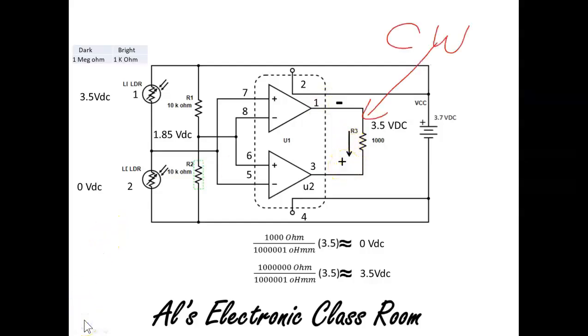The previous one, we went counterclockwise, and now we go clockwise. So you can see what happens. The current is changing direction depending upon which LDR is 0 and which LDR is 3.5. And they switch because I only have 2 states. Let's go on to the next slide.